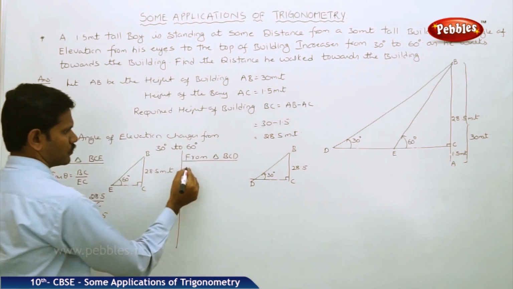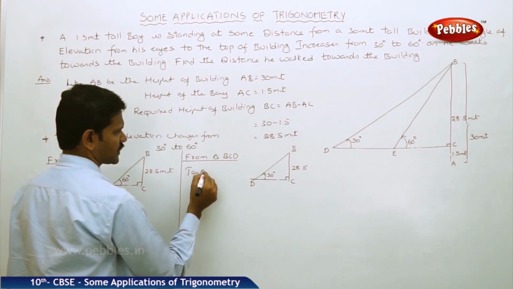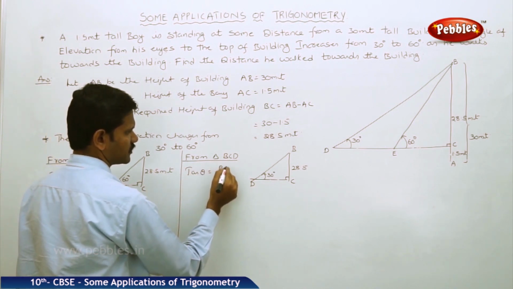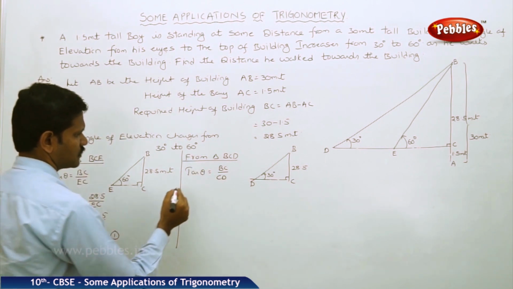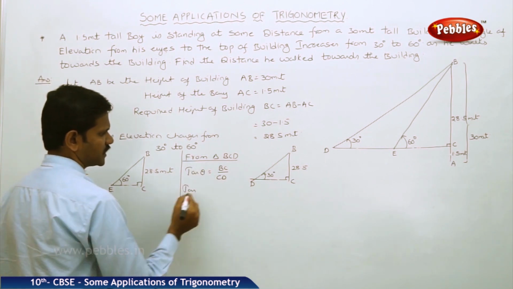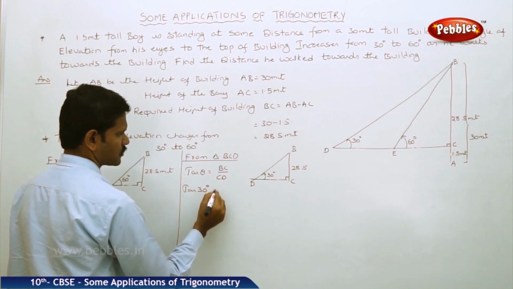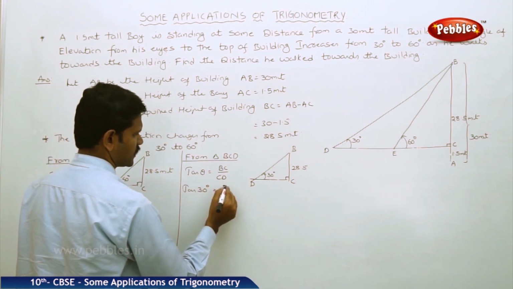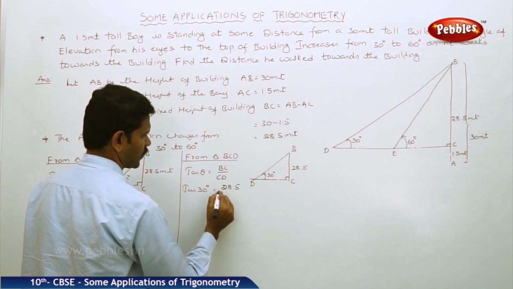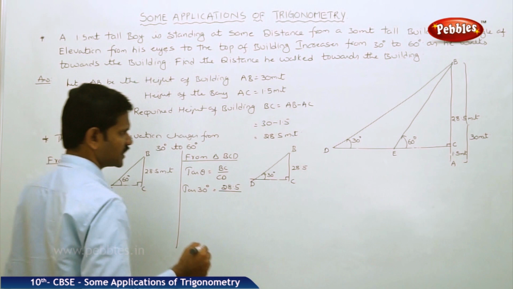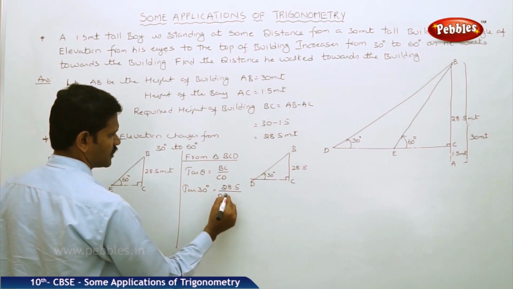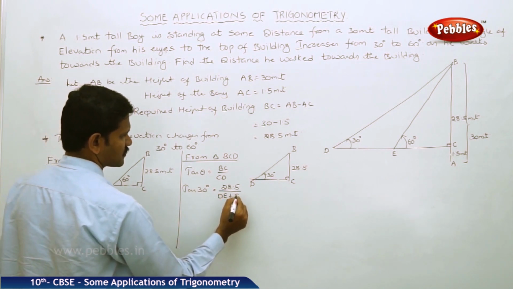Now again apply the function tan theta is equal to opposite side BC by CD, that is tan 30 degrees is equal to BC value 28.5 by CD. CD is broken down into two parts, that is DE plus EC.